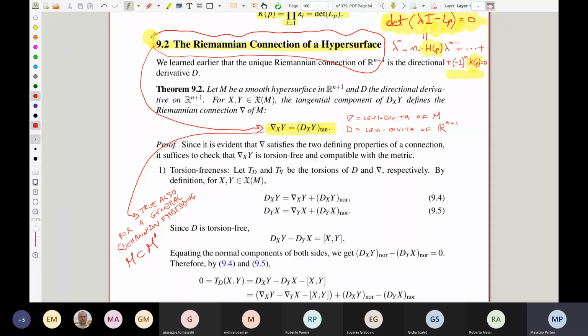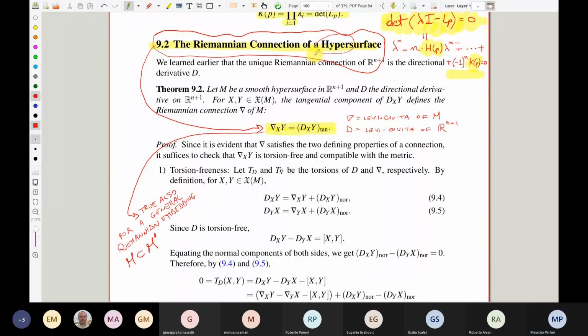I'm saying that I have a differentiable manifold of dimension n. This differentiable manifold is embedded in R^(n+1). This is the meaning of hypersurface, codimension 1. And I'm also saying that this embedding is really an embedding and not an immersion. If you remember, there is a difference between the two words.